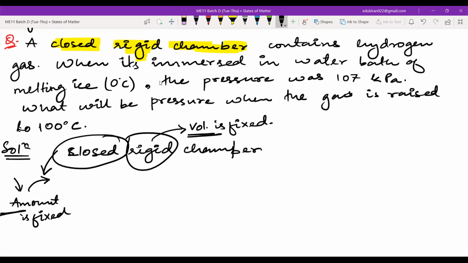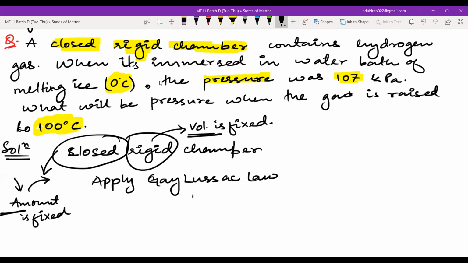So which law will be applied here? What is changing? The temperature is going from 0 degrees Celsius to 100 degrees Celsius. That means the temperature is changing, and the pressure was 107, and hence the pressure will also change because the temperature is changing when volume and the amount are fixed. So we'll apply the Gay-Lussac law.